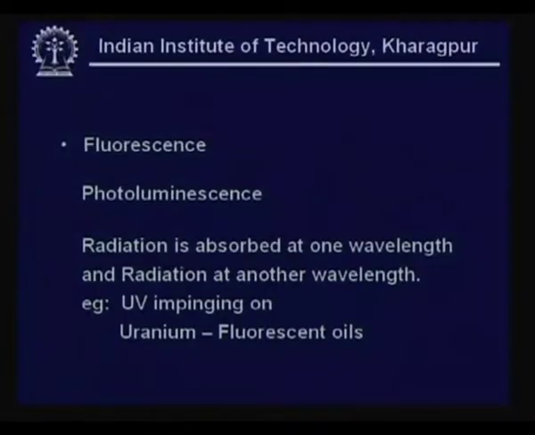In fact, the fluorescent lamps which we employ use this principle. They have what is known as phosphors, which absorb the UV radiation due to a discharge in a low pressure mercury vapor, which is re-radiated as the visible spectrum.